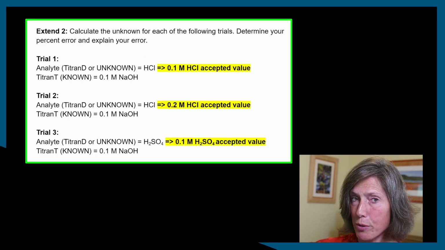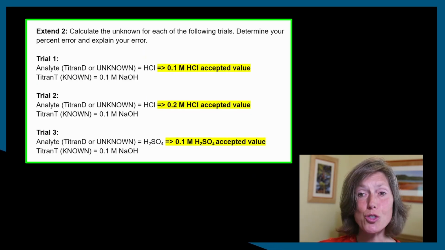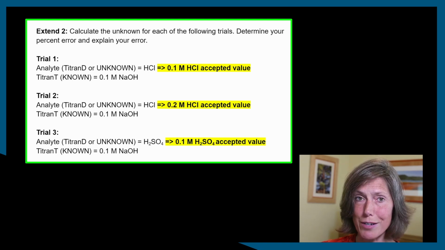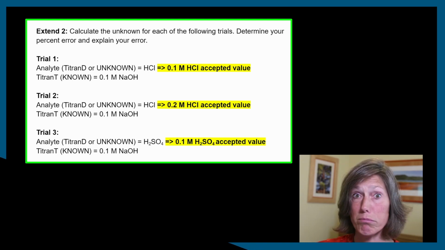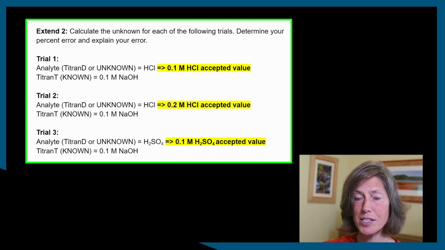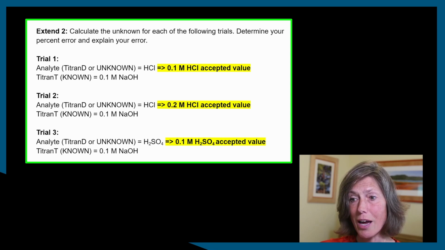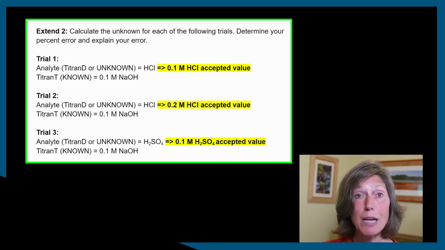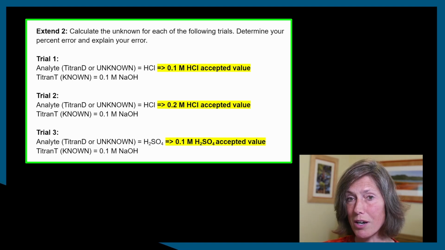So with that microtitration in mind, it's so easy to do multiple trials. One trial using 0.1 molar, a second trial using 0.2 molar hydrochloric acid, and then the third trial, I give them a different acid, namely sulfuric acid, again at 0.1 molar, and then the light bulb starts to go off.